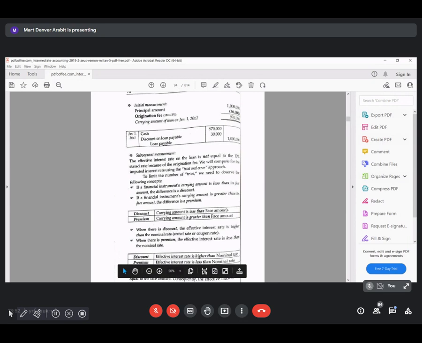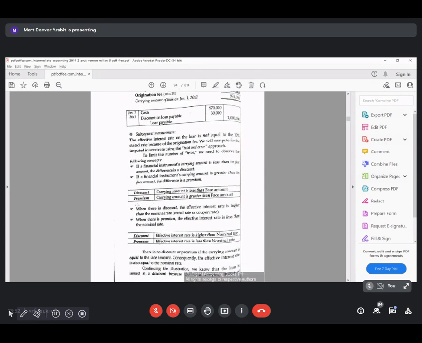Okay, so ito siya. Discount if the carrying amount is less than the face amount and the carrying amount is greater than the face amount if issued with a premium. Ito, when discount, effective interest rate is higher sa nominal rate, meaning mas malaki yung interest rate na actually na-incur mo compared dun sa nominal rate or stated dun sa ating contract.